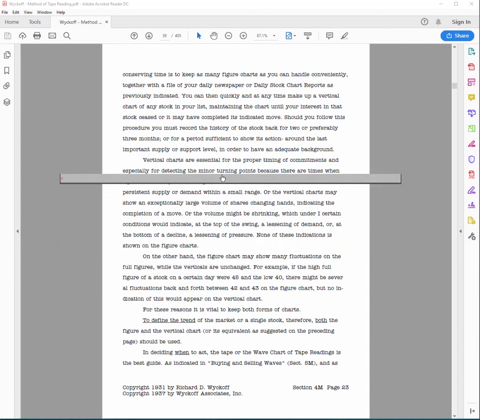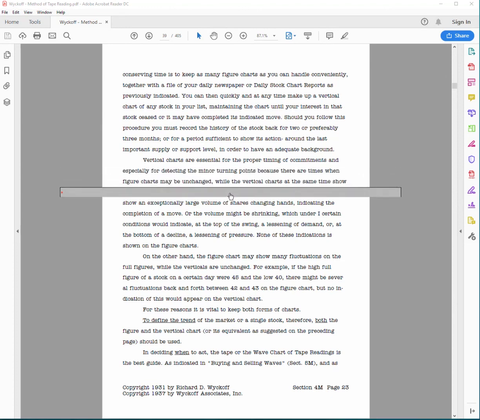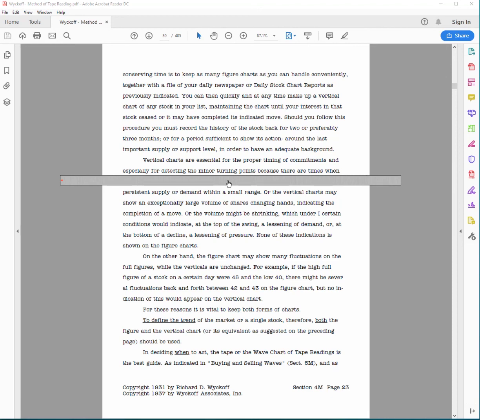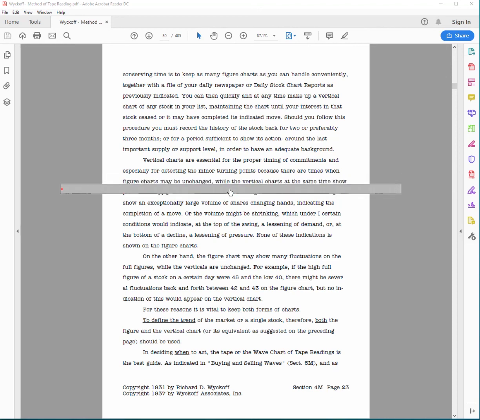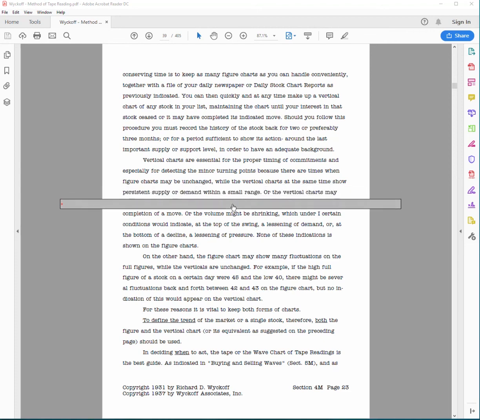Okay, here's a comment that he makes. Vertical charts are essential for the proper timing of commitments and especially for detecting the minor turning points, because there are times when figure charts may be unchanged while the vertical charts show persistent supply and demand within a small range.